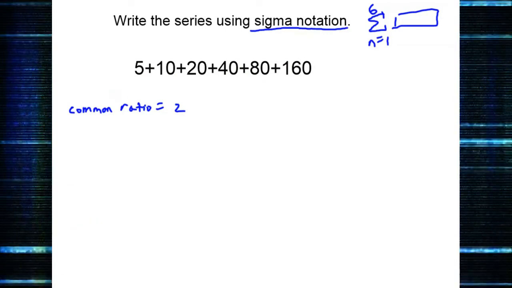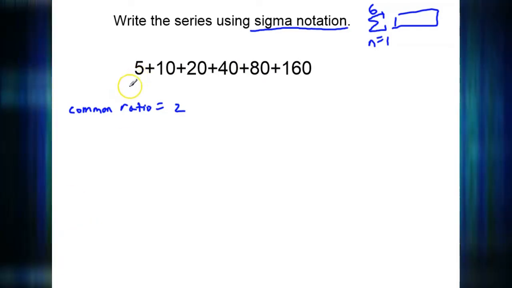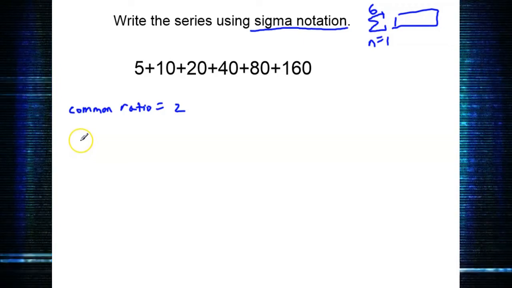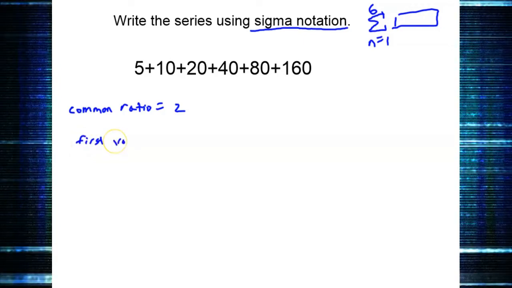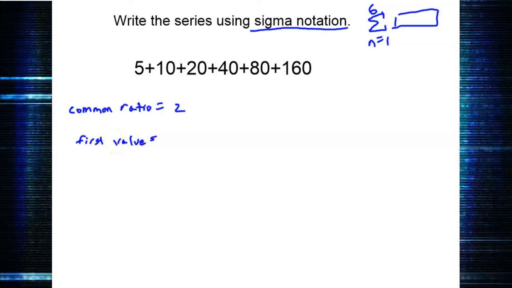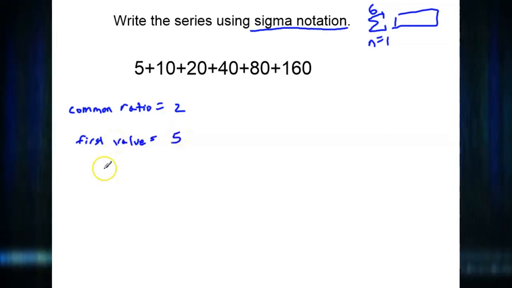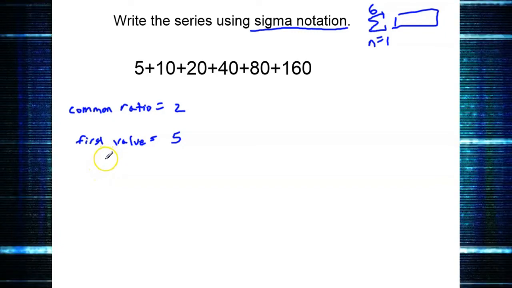And we also need to describe the first term. The first term here is 5. And let's associate names with these.